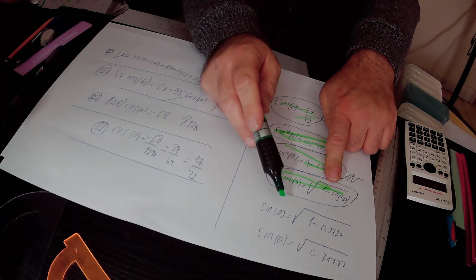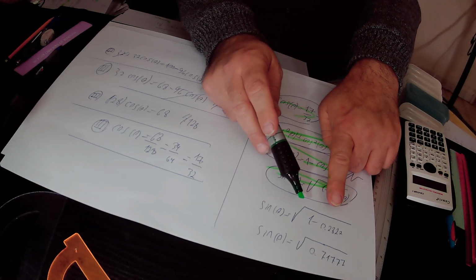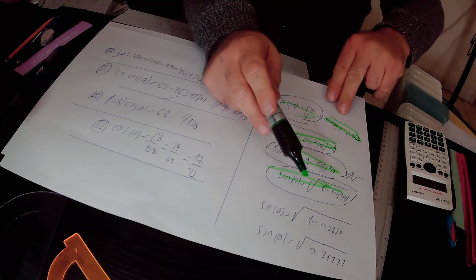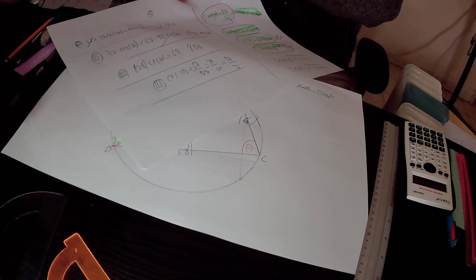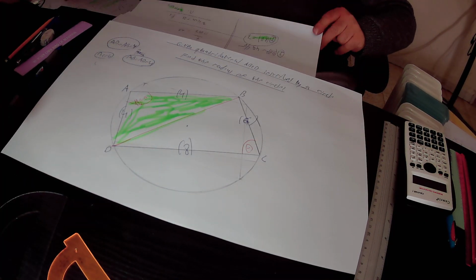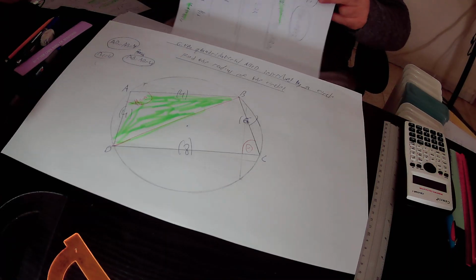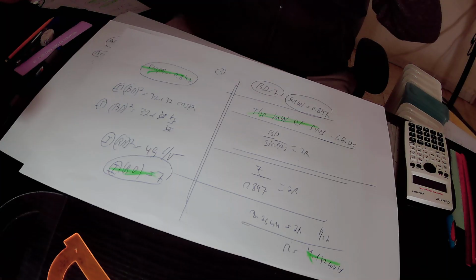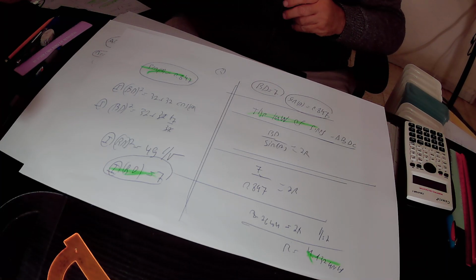So inside the root we are left with 0.7177. The square root of 0.7177 is equal to 0.847. So in total, we found that sin theta equals 0.847.